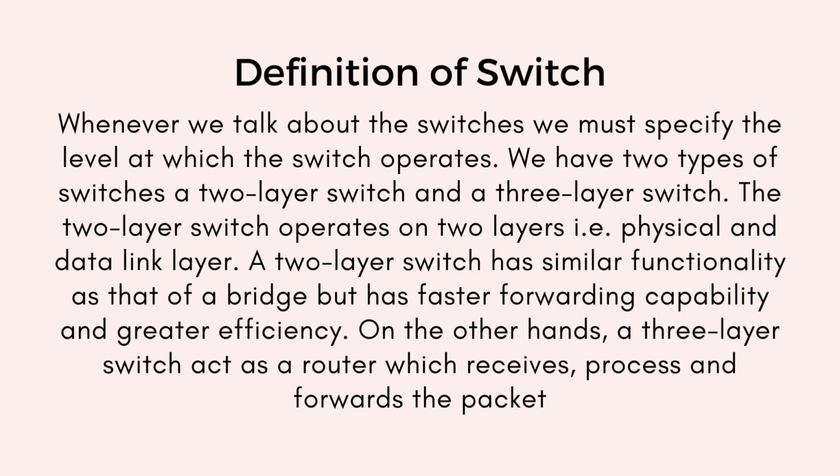A two-layer switch has similar functionality to that of a bridge, but has faster forwarding capability and greater efficiency. On the other hand, a three-layer switch acts as a router, which receives, processes and forwards the packet.